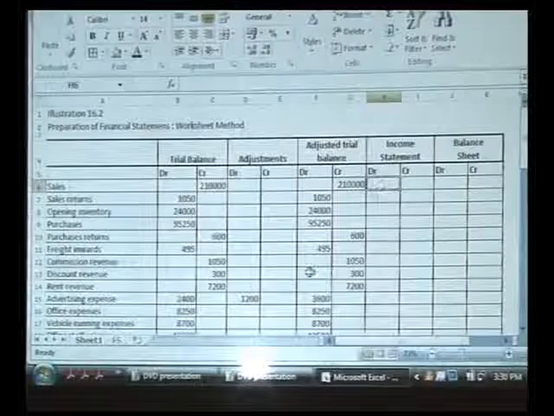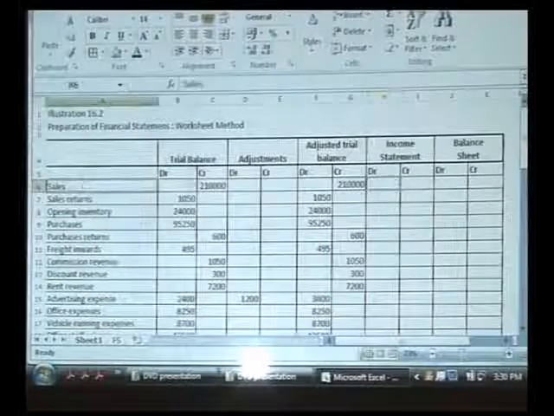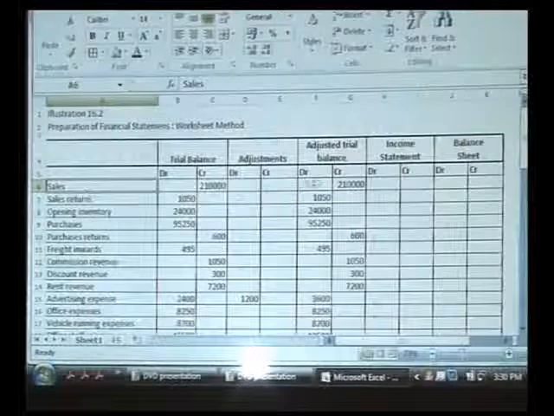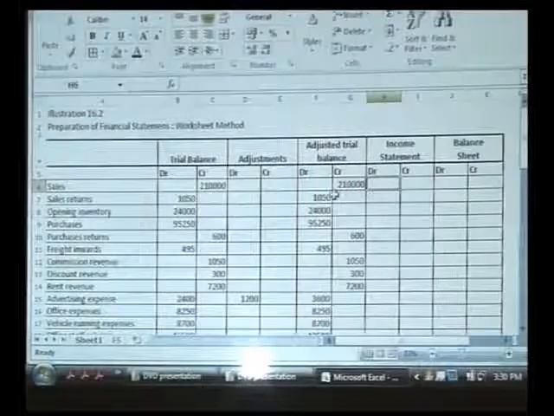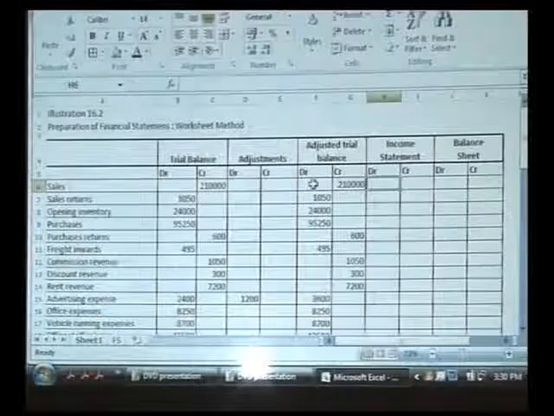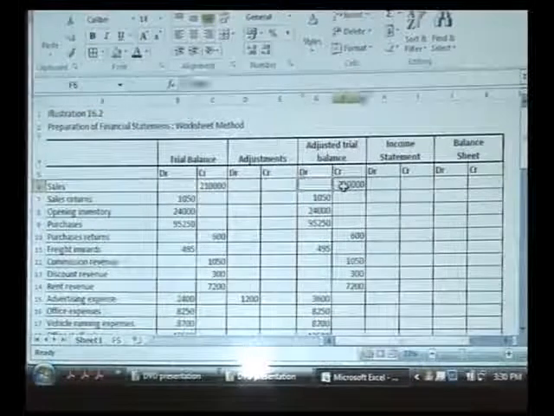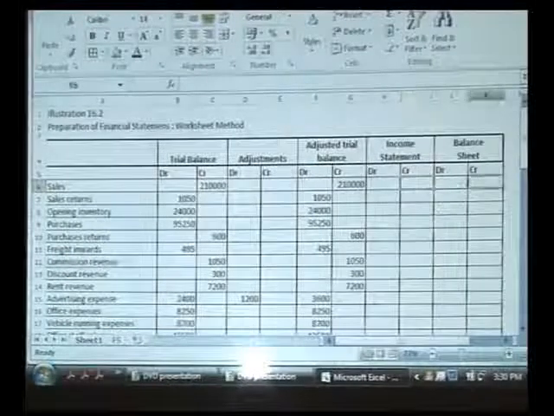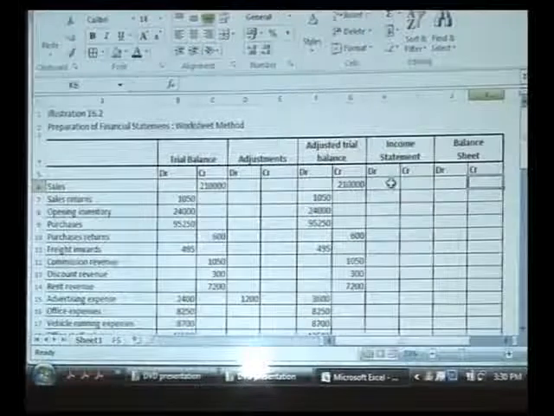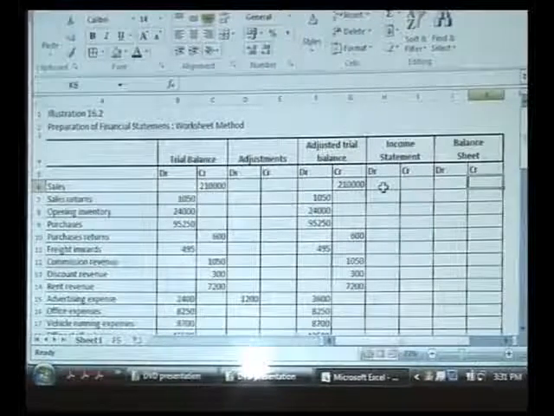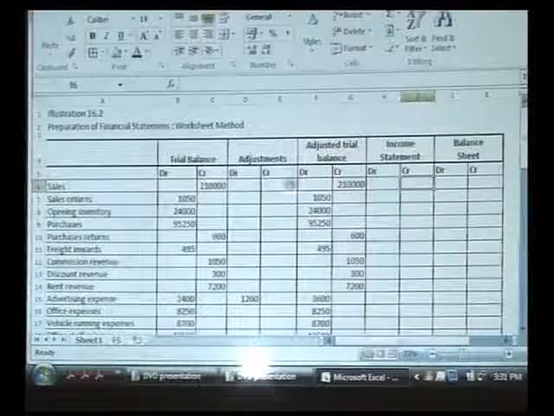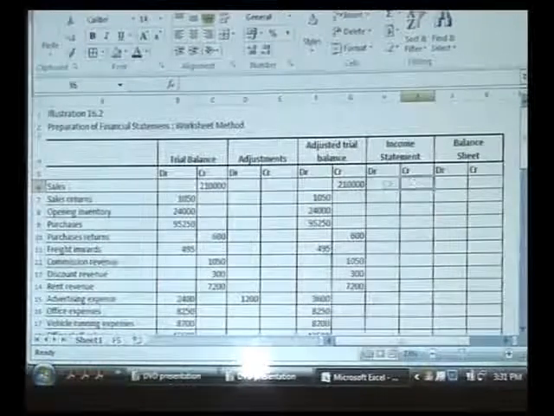Now look at each and every item in the trial balance and decide whether these items are included in the income statement or the balance sheet. That is number one. And then number two is decide whether it is debit or credit.